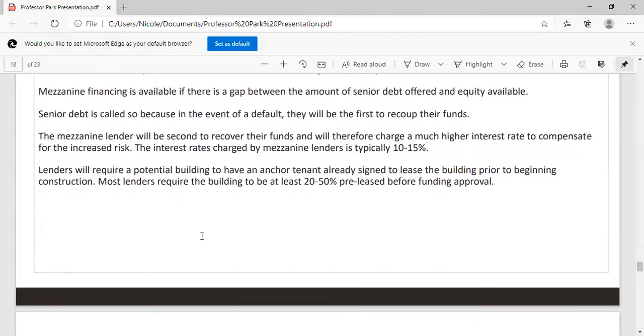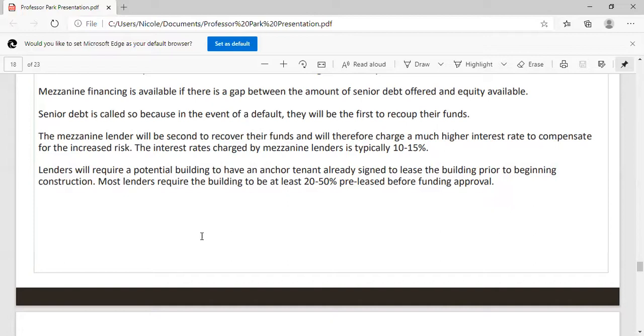And lenders typically, when you're going to make a development, this is the senior debt I'm speaking about now, will usually require you to have an anchor tenant already signed and ready to lease the building. So before the building's even built, they'll require someone who's an anchor tenant, which is usually someone that will lease at least 20% of the building.